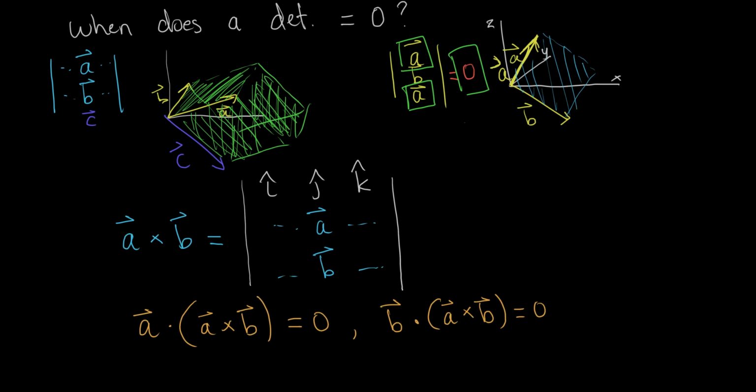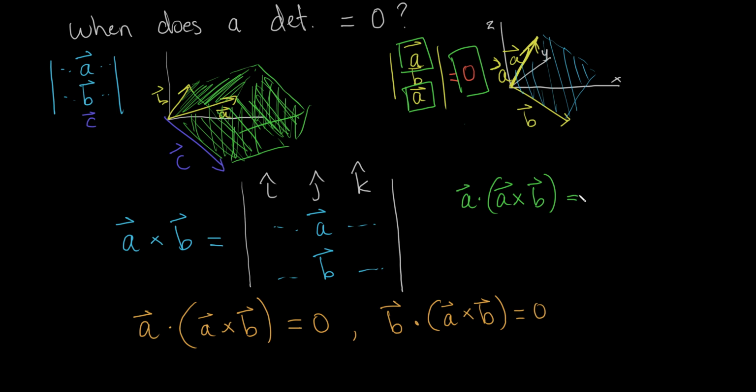So let's consider a dotted with a cross b equals 0 first. What we get when we say a dotted with a cross b with this definition is the same thing as a dotted with this determinant here, the determinant of i hat, j hat, k hat of a and b.